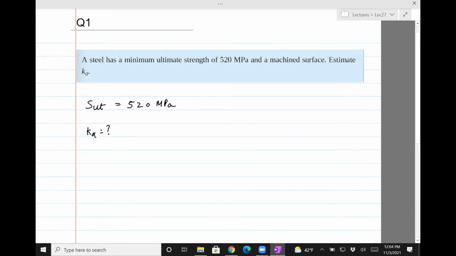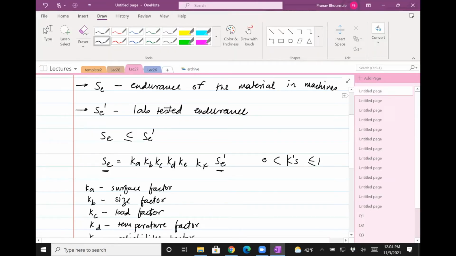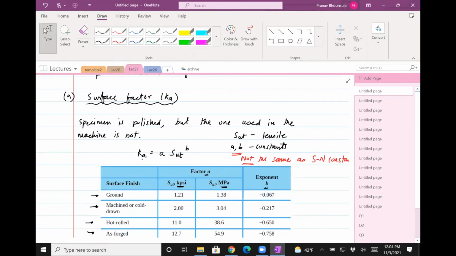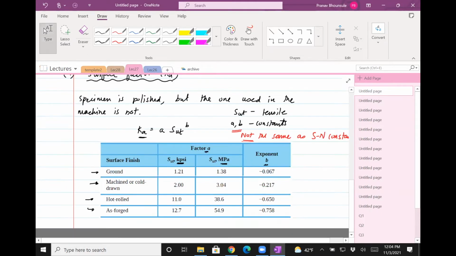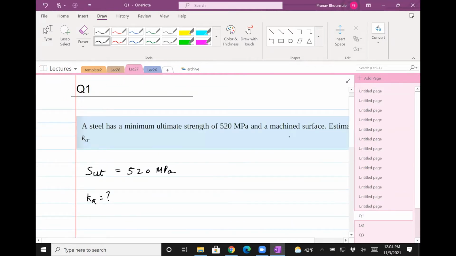So what we need to do is go back and see how we find Ka and then use that. So let's go back to the part where I talked about Ka. So the surface factor Ka is A times SUT raised to B. And in order to find A and B, we need to know what the surface finish is. Well, it is the machined surface.